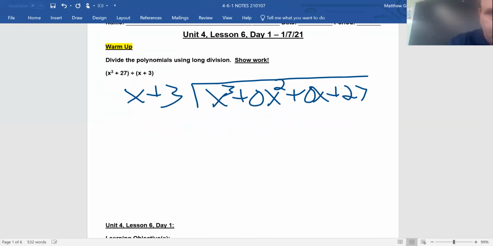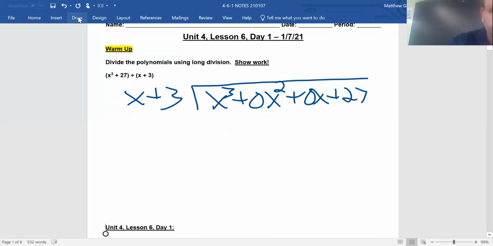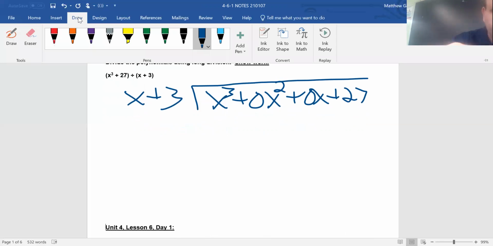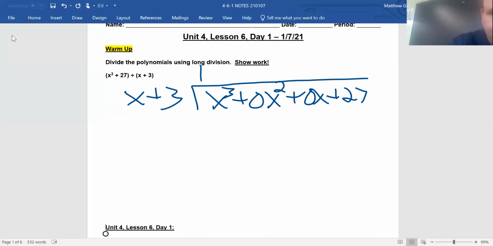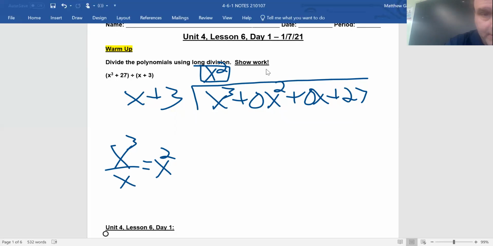Okay, so the first box. We need something times x to give us x cubed, which is x squared, because x cubed divided by x is x squared. So x squared times x plus 3 is x cubed plus 3x squared.